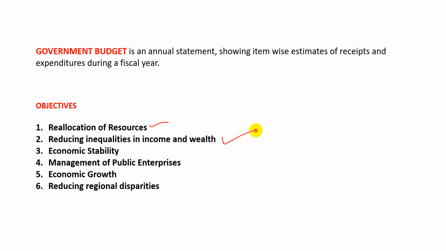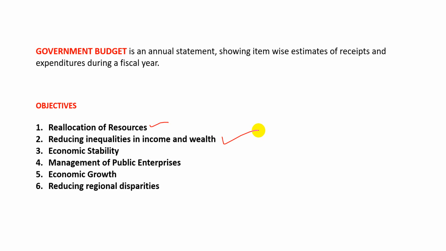The next is reducing inequalities in income and wealth. Economic inequality is an inherent part of every economic system. Government aims to reduce such inequalities of income and wealth through its budgetary policy. How?